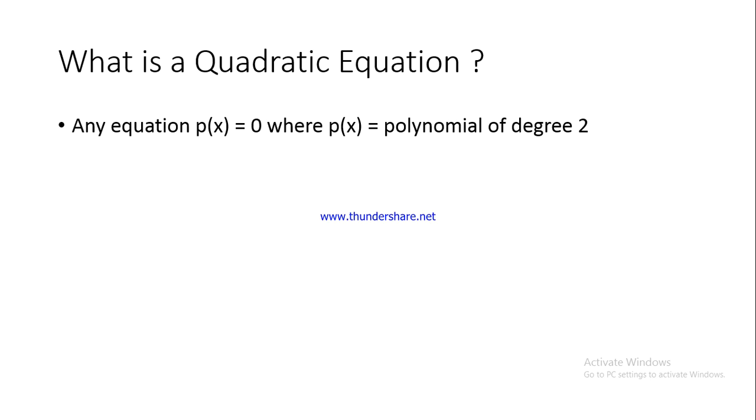So the highest power is going to be only 2, and the highest power is also called degree, and that is why we have mentioned here that p(x) is a polynomial of degree 2. So p(x) is going to be a mathematical expression with highest power equal to 2. Then if this p(x) is equal to 0, this would be a quadratic equation, right?